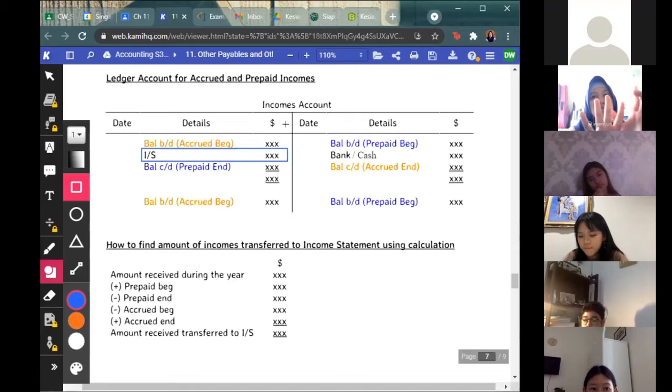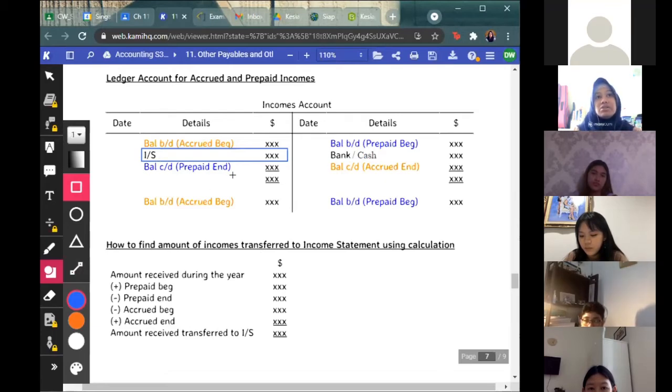You will always be given three, and you must be able to identify them, and then calculate the other one. The other one can be anything: IS, bank, or balance CD. So it is important for you to know how to identify the question.